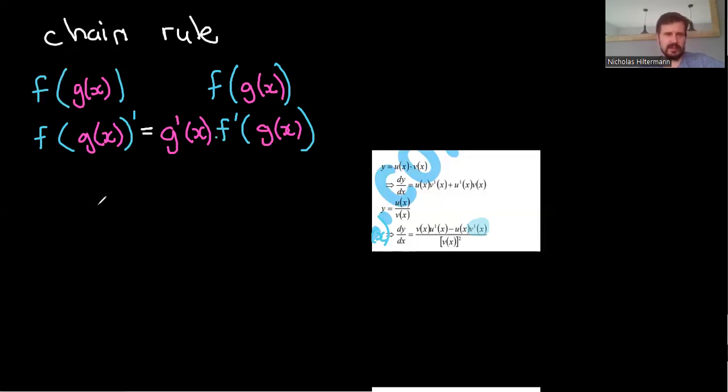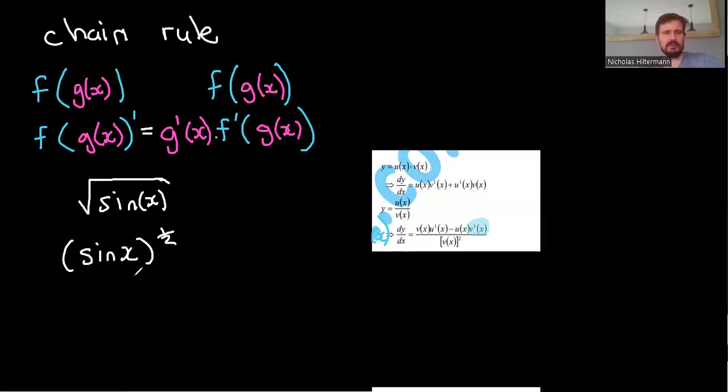If you have the square root of, say, let's make it tricky, let's put a sine x in here. Anything to the square root is the same as to the power of a half. So what this actually is saying is sine x to the half.